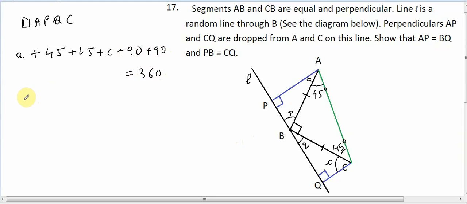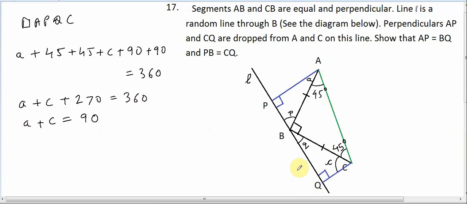So what we have here is A plus C. 45 and 45 is 90, 90 and 90 is 180, and this is 90, 270. 270 is equal to 360, which implies A plus C is equal to 90. Angle A plus angle C is equal to 90.